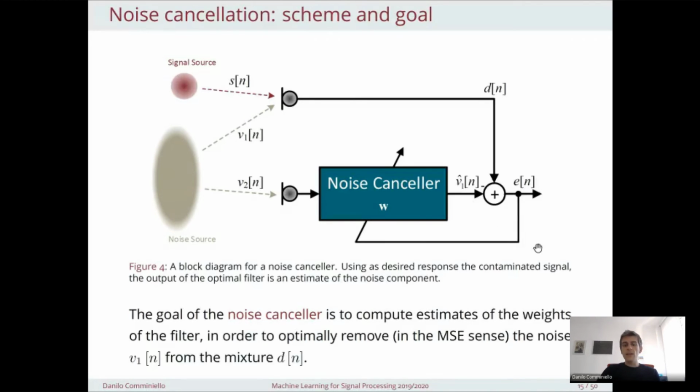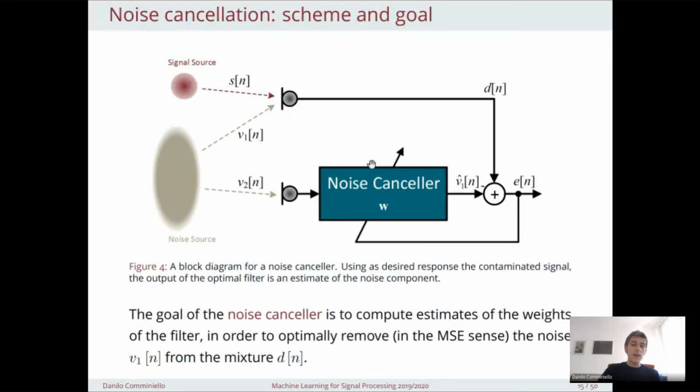And in this case, you can remove the noise from the microphone, and the speech signal from the pilot is transmitted without any noise to a far end user, through, I don't know, the ground control, something like this.